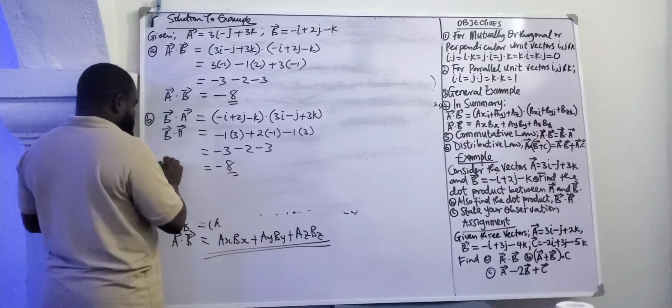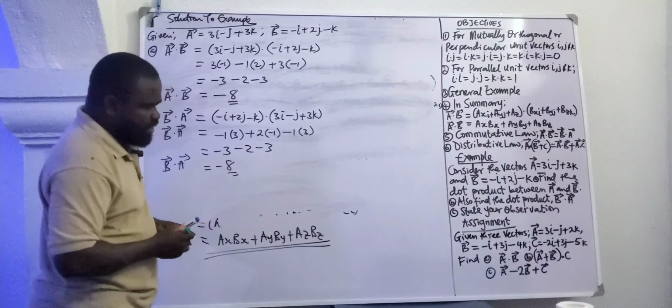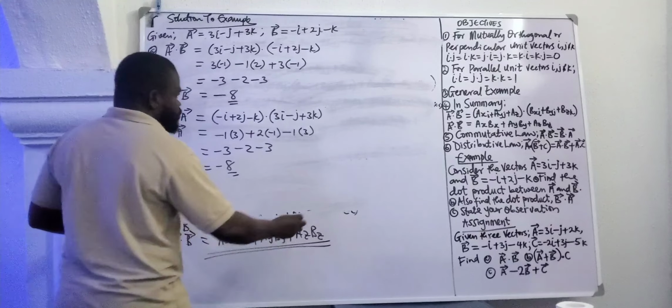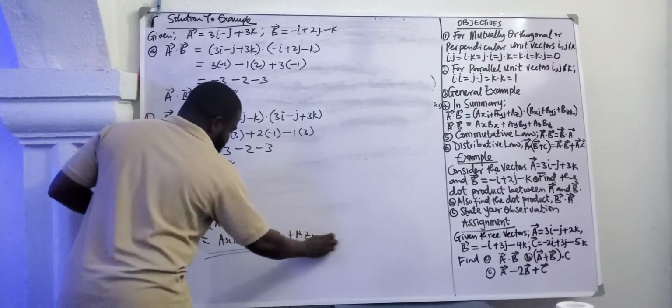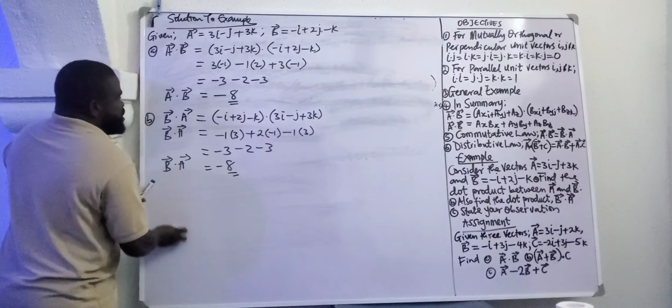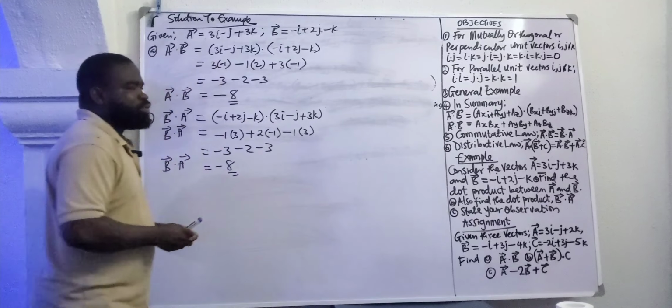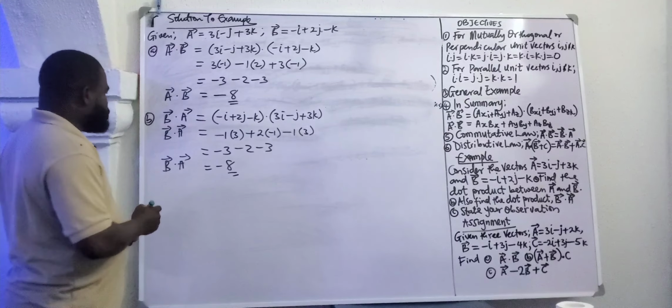Once again, giving us minus 8. So what does this show or tell us? Which is what they say, what do you observe, or what conclusion can you draw? So this shows that dot product obeys commutative law. Dot product is commutative. So A dot B is what?